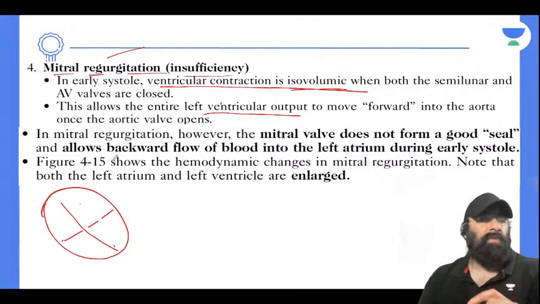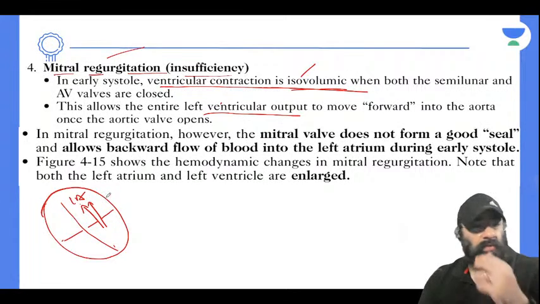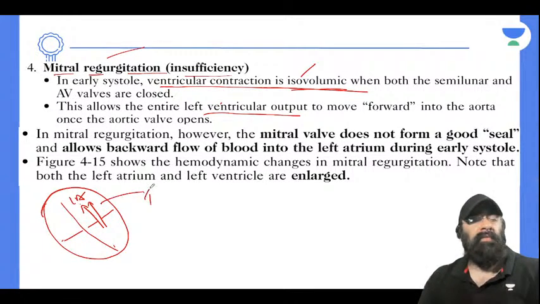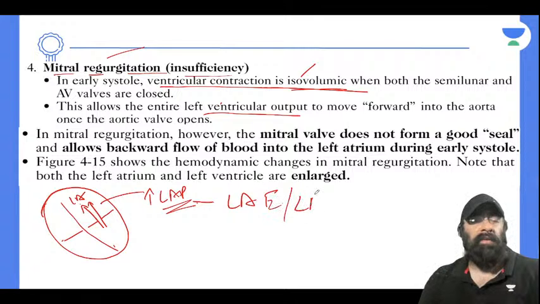So because there is no good seal in the isovolumetric contraction, what will happen? The blood will end up flowing back into the LA during the isovolumetric contraction. So blood goes back because there is no good seal. Therefore, obviously there will be increased left atrial pressure, right? So obviously the left atrium will enlarge. LA hypertrophy can also happen.